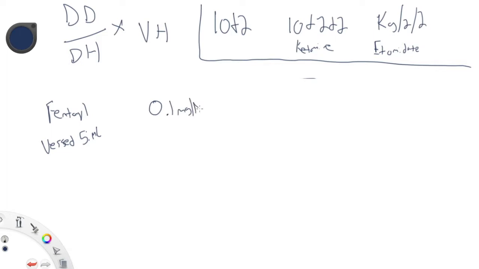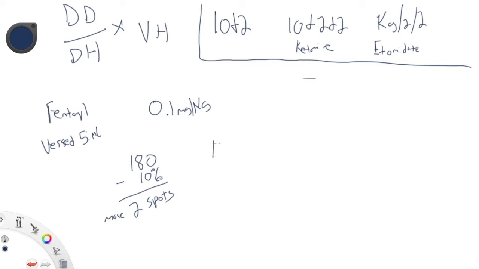To figure this out, we're going to take their weight in pounds. This is the 10 and 2 rule. Their weight in pounds minus 10%, and then we move the decimal place over 2 spots. So that is the 10 and 2 rule.